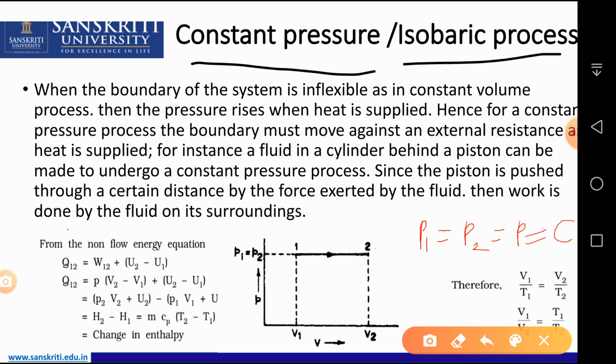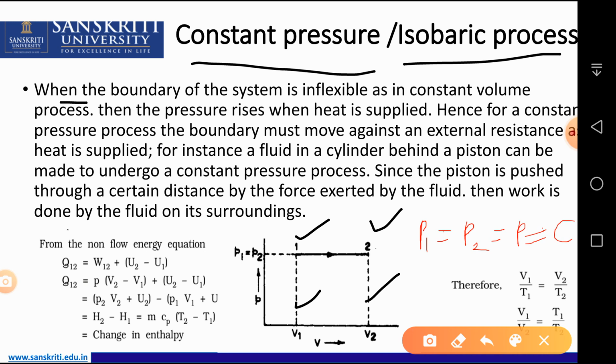You have seen in the PV diagram, 1 is the initial and 2 is the end state. So the process occurs from 1 to 2. In that process the volume changes, but the pressure is constant, and the temperature also changes.